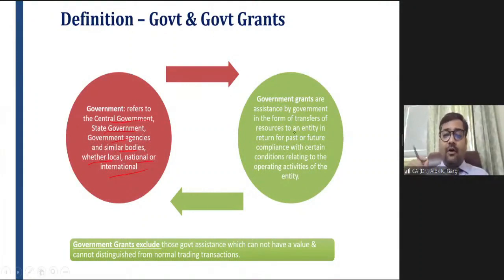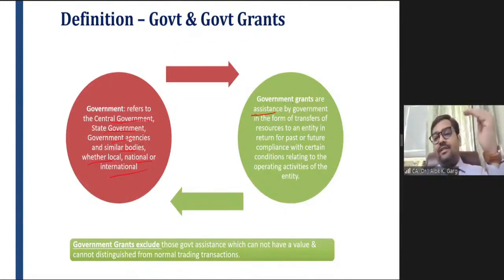So what is government grant and why is government providing a grant? Government is providing a grant in compliance of fulfillment of some conditions. Government grants are assistance by government in the form of transfer of resources. All grants are assistance, and the assistance which can be measured in terms of money is known as a government grant, and the assistance which cannot be measured in terms of money is required to be disclosed.